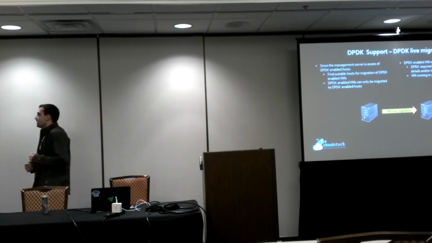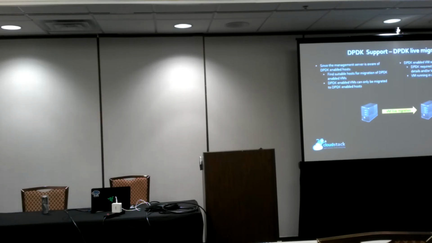So the live migration works like this: the management server, as you all know, has a method to find suitable hosts. So for a DPDK enabled VM, it will try to find which hosts are suitable for that migration. That means which ones are DPDK enabled.